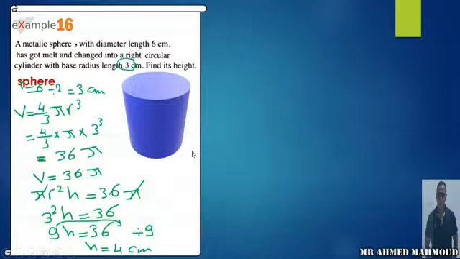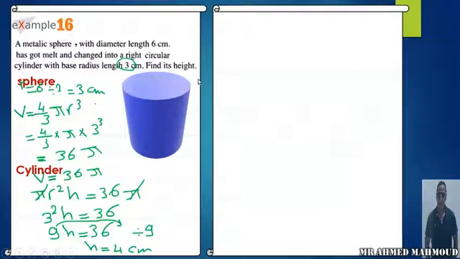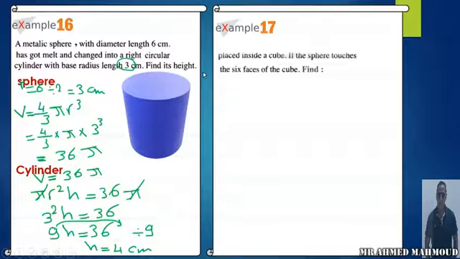The next example. A sphere whose volume is 36 pi centimeters cubed is placed inside a cube.